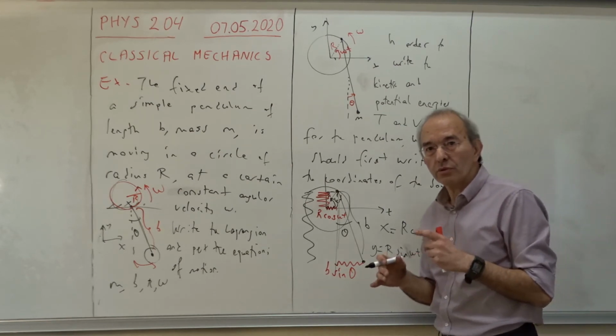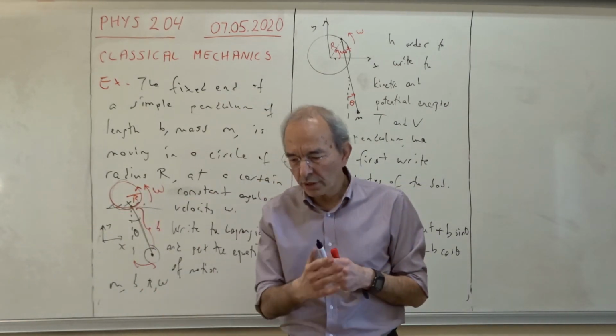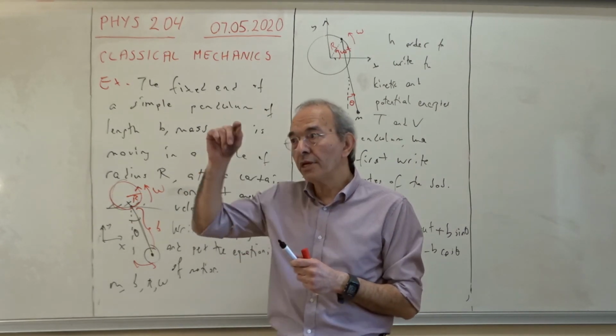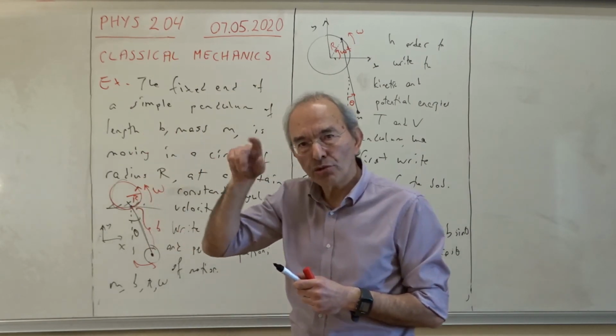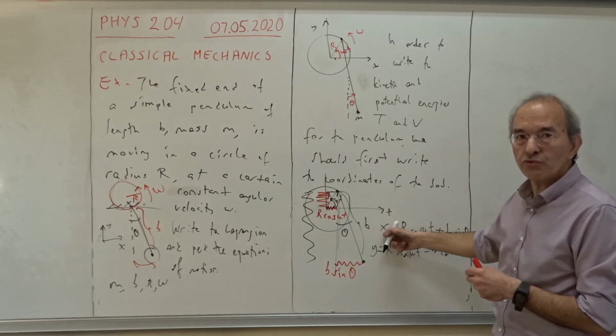There are two motions combined. One is the normal back and forth oscillations of the pendulum. The other is the continuous rotations of the other end in a circular way. So these are the quantities we have to use for x and y.